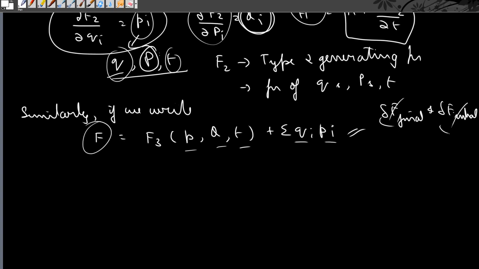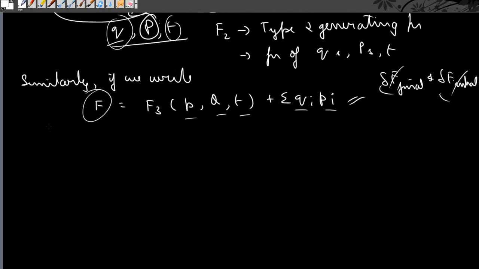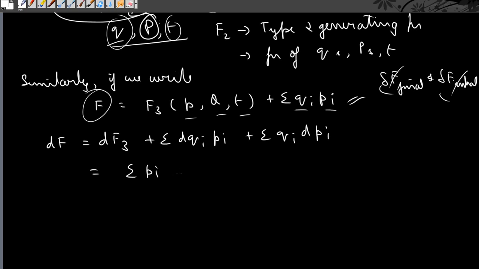Okay, so if we write it like this, then if we substitute in equation 1, we will get df equal to df3 plus summation dqi pi plus summation qi dpi. This must be equal to summation pi dqi minus summation Pi dQi plus h dash minus h dt.